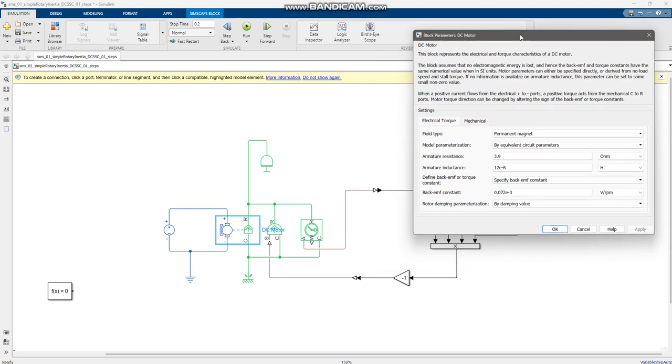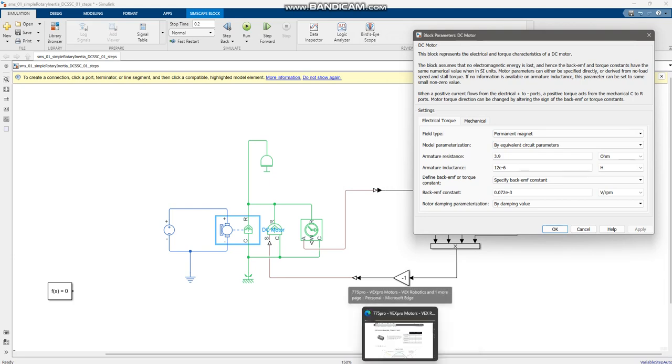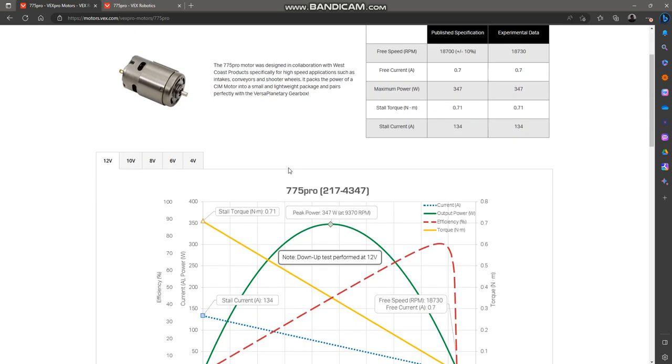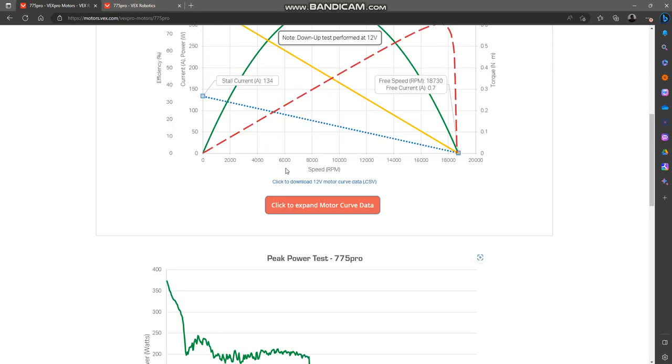and here comes quite the tricky part. The 775 Pro motor that we have been discussing so far is kind of a hobbyist motor, and the datasheets available for the 775 motor aren't quite comprehensive, like many of the motors you see from reputed manufacturers.